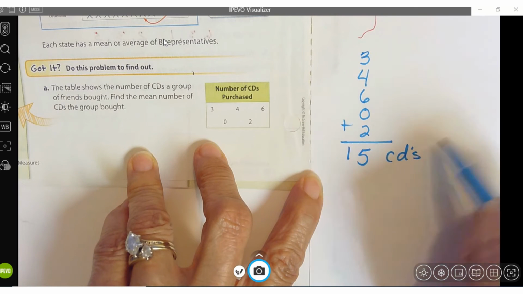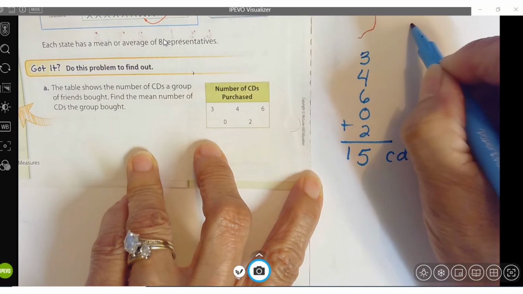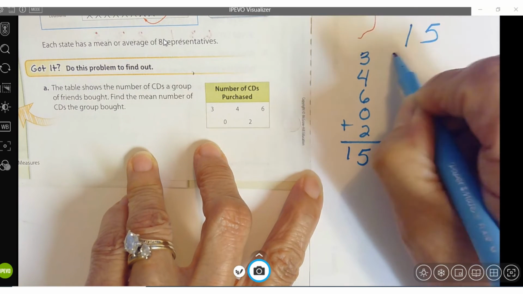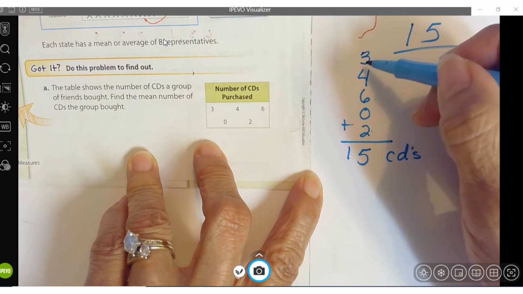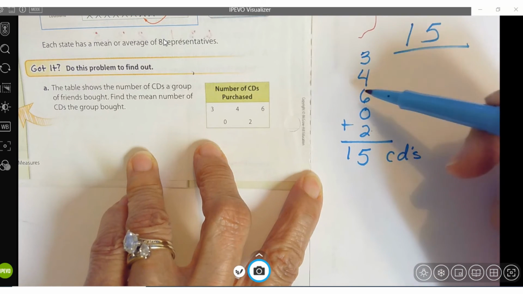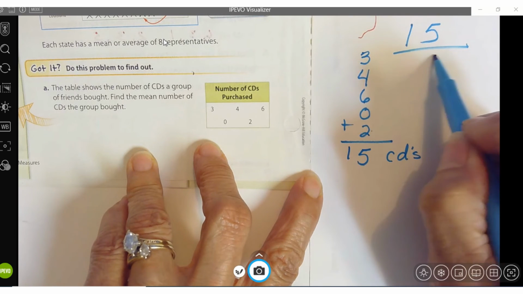So we take that 15 and we divide it by the number of pieces of data: 1, 2, 3, 4, 5.